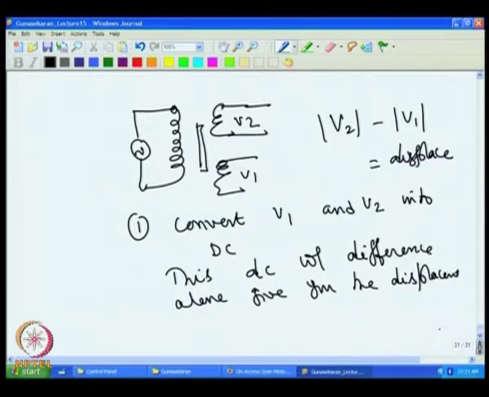Then the second problem is when the LVDT is used in the actual field, invariably you will find that the temperature of the entire unit changes. Now, we have an issue with that, because if the temperature changes, then the coil resistance also changes. This primary has a resistance, because the LVDT is wound in a smaller size and they use a very thin wire.